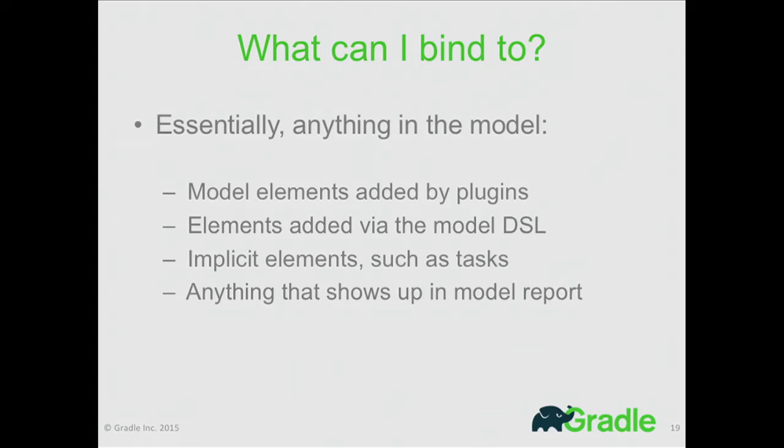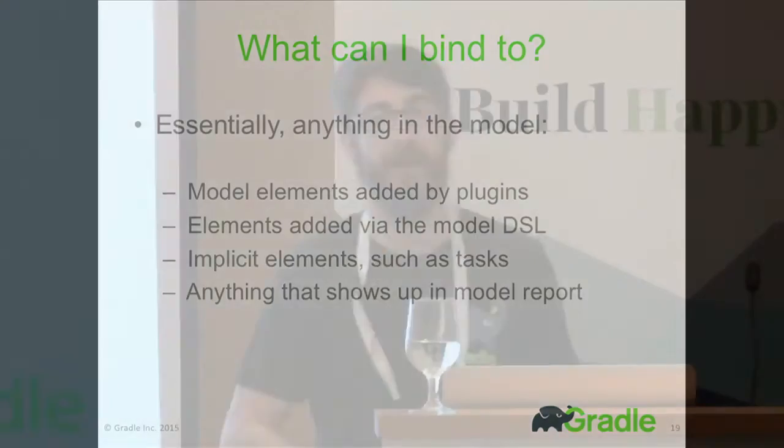And then lastly, if I want to know what all is in the model, what all can I get a handle to? Basically, anything that shows up in the model report. We'll show that off a little later, but basically I can say, hey, Gradle, what all's in the model? And we'll print out this big report. It's a work in progress, so it's a little overly verbose right now, but more information is better than not enough.